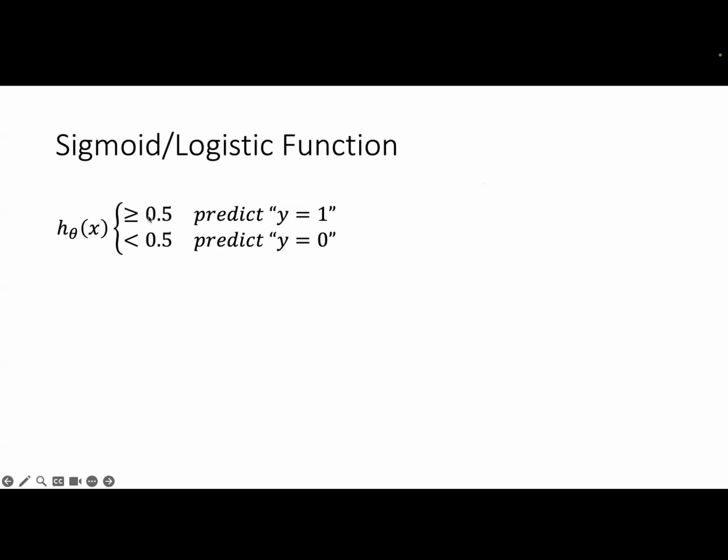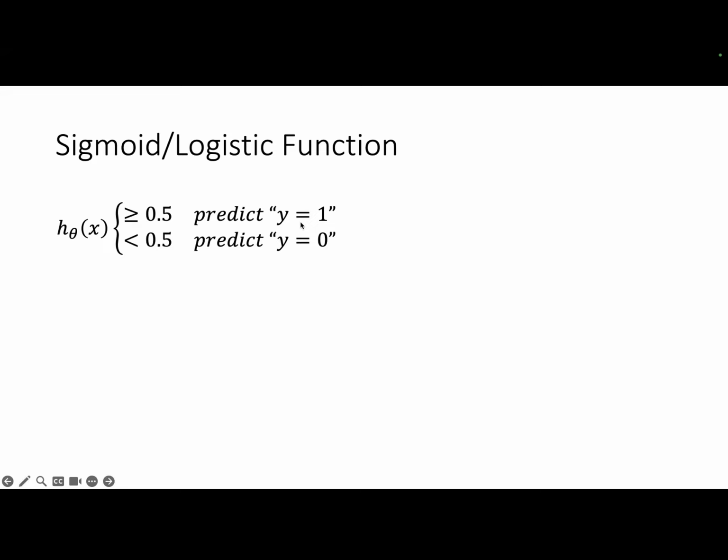Now, basically the sigmoid logistic function is this. Okay, if the value of the hypothesis is less than 0.5, then y equals 0, the given output of 0. If the value of the hypothesis is greater than or equal to 0.5, then the output is 1.